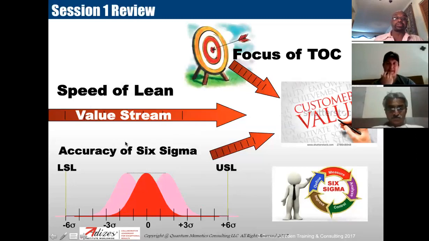Six Sigma covers the accuracy and stability of a process, with the upper and lower specification limits: is that process in the realm of the customer's expectations? So Six Sigma is about accuracy, lean is about seeing the waste and making it visible, and theory of constraints is about focus, and all of them are from the perspective of the customer. So that was a quick overview last week.